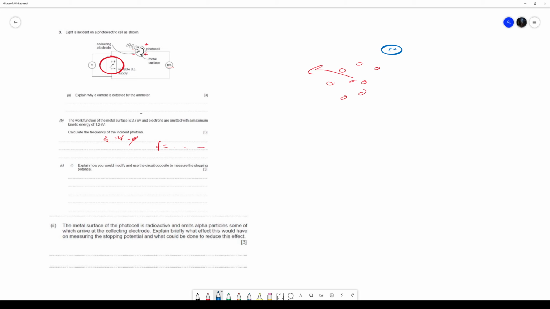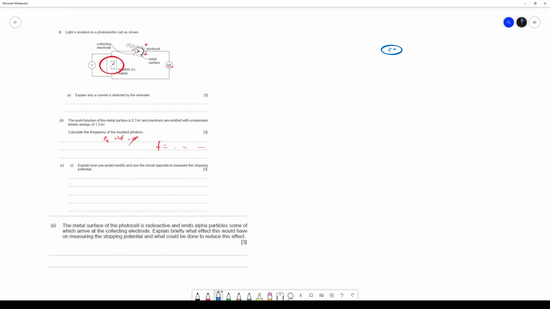What could you do to reduce the effect? Well, the straightforward thing to do would be to not shine light on it and measure the current with no light shining on it, because if I take away the light, I remove the photoelectric effect, but the alpha particles will still be crossing the gap.